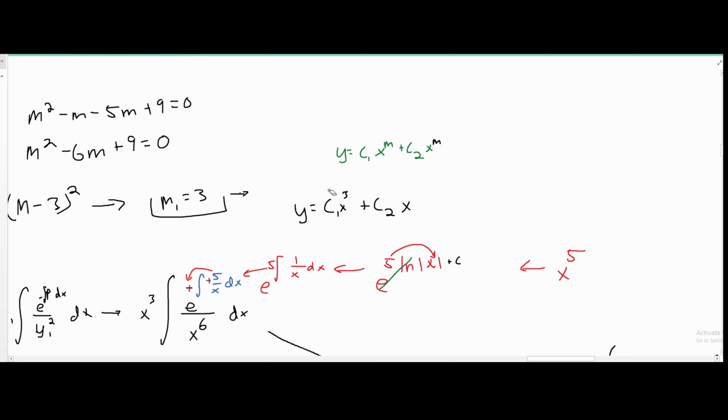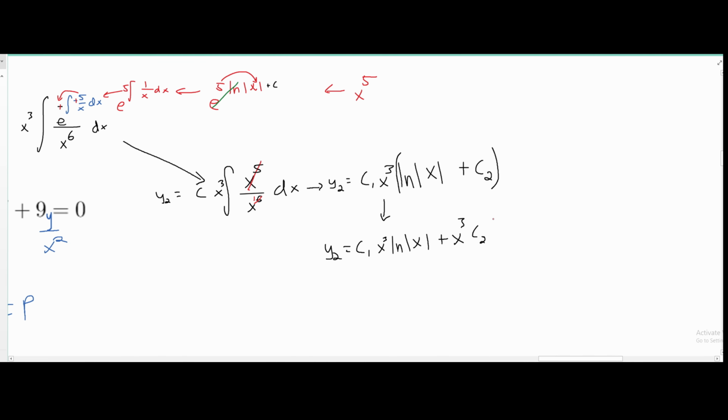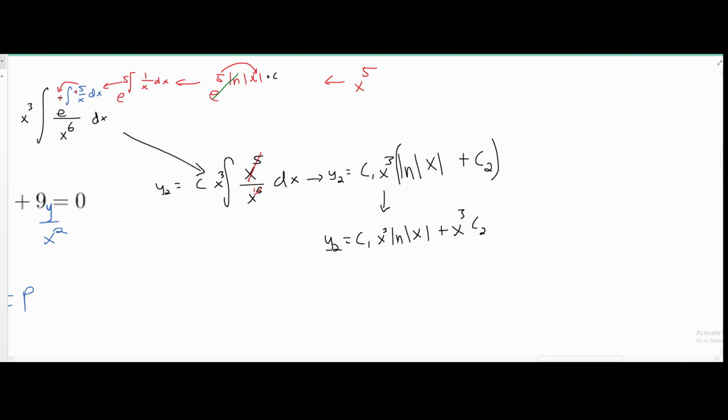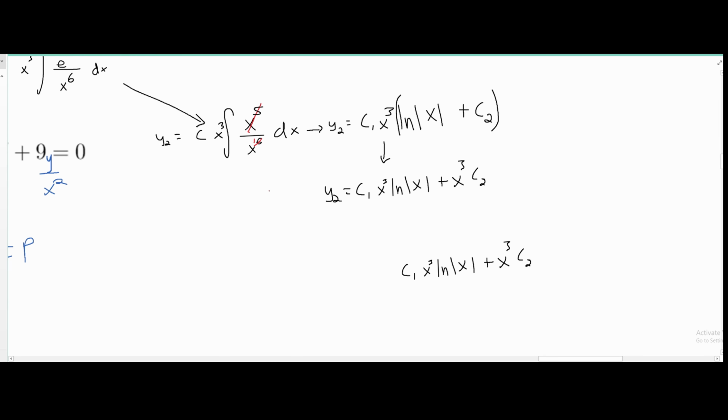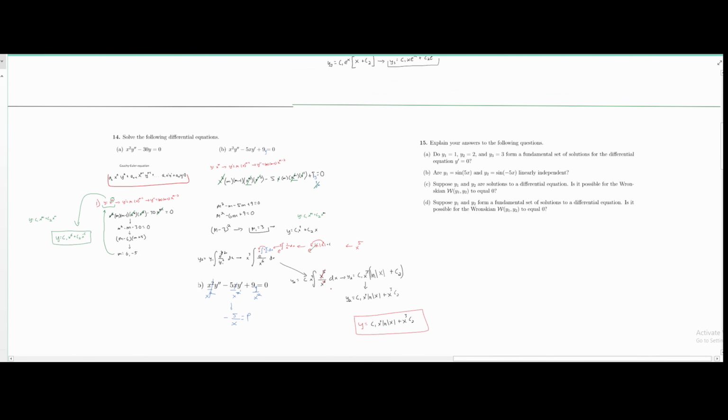So since our c1 is this up here, and it is equivalent to our c2 right here, we can basically just take what we got here and write it as our y value, because this has to include both of the parts that we found. And that is the answer for 14b.